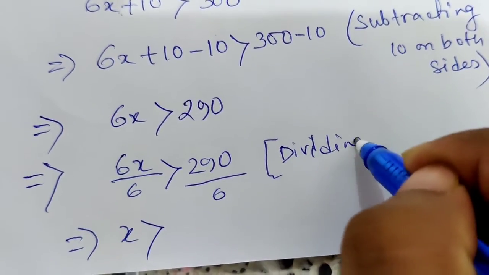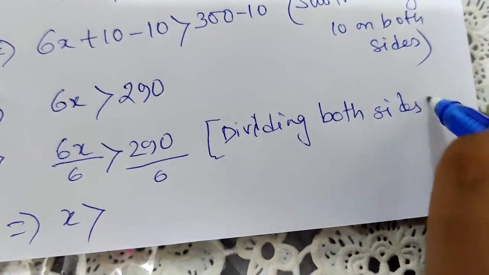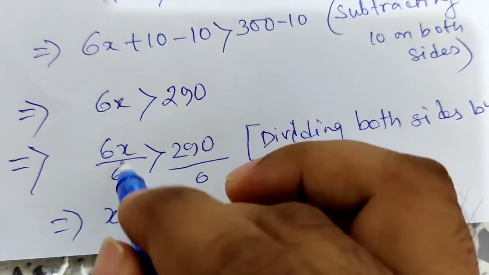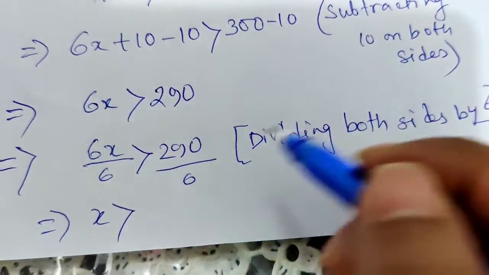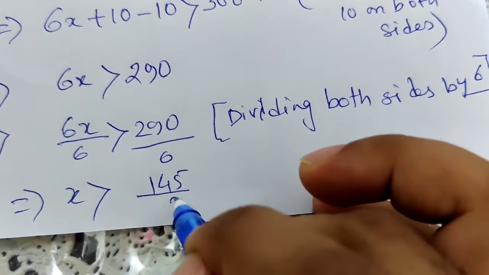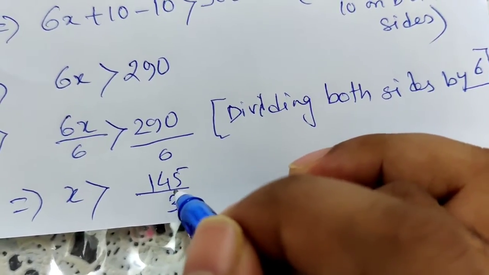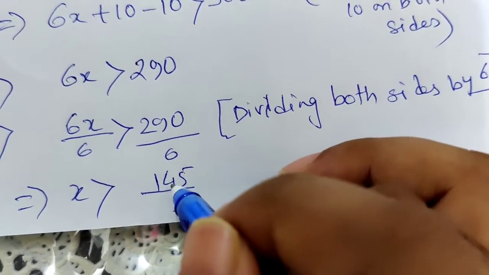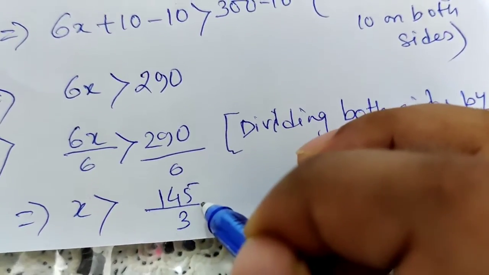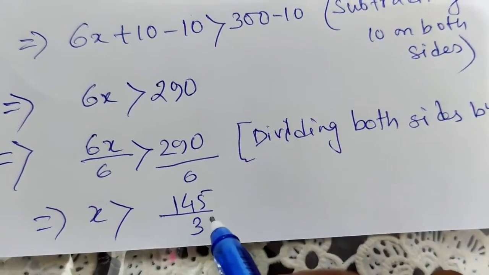I hope you already know this, dividing both sides by 6. So 6x by 6 is x, and 290 I need to check. If you divide 290 by 2 it is 145, then 3 does not divide it, since 1 plus 4 plus 5 is 10. So it's not possible to divide further. So what we find over here is x is greater than 145 by 3.